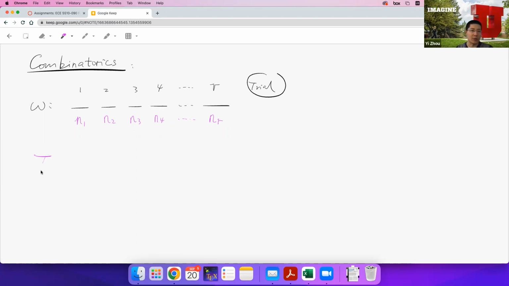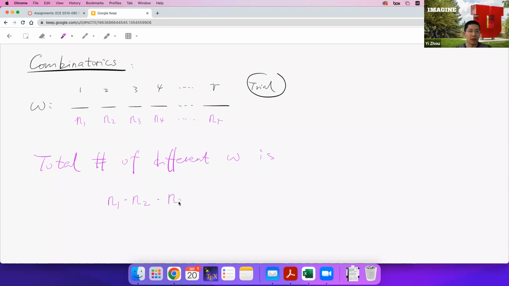So the total number of different omega is given by: the first trial has N1 possible outcomes, the second trial has N2, so we multiply them together. These are all the possible combinations for the first two trials.